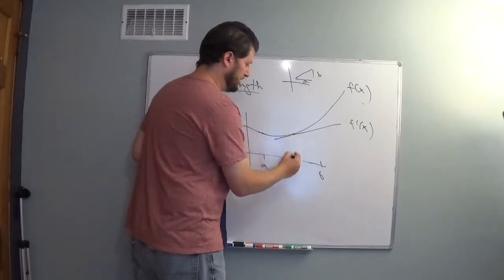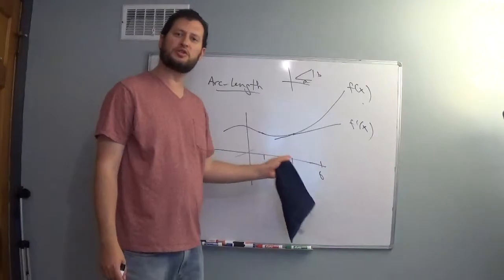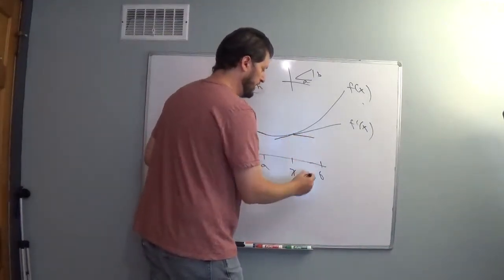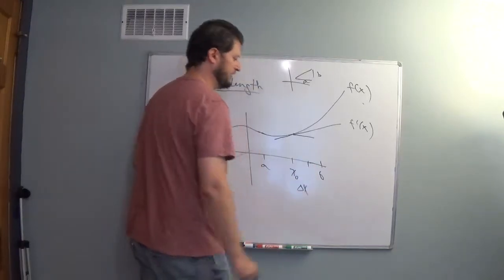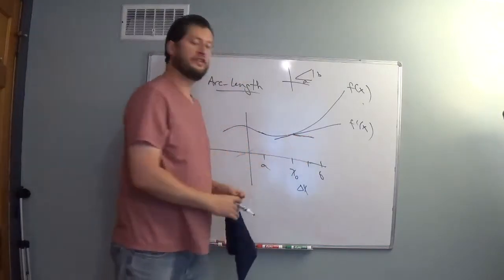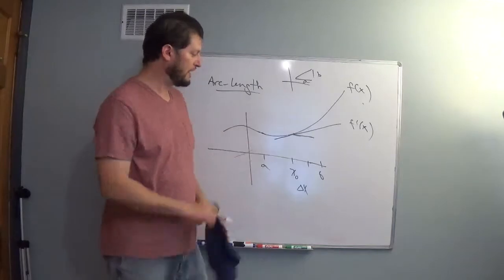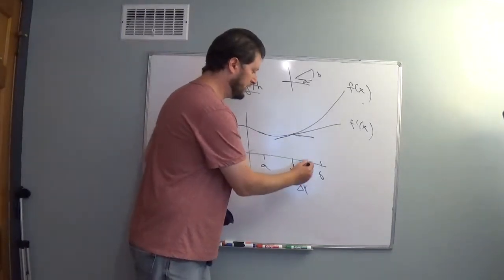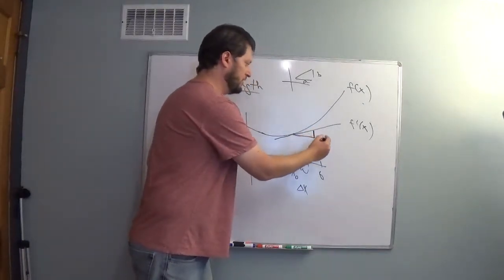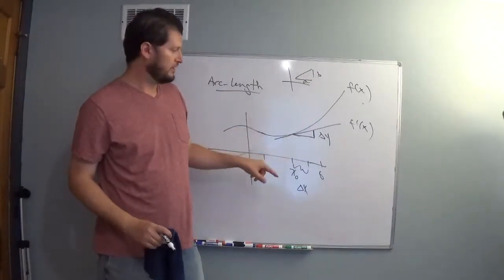So let's look at what we got. This is some point. Let's call this point x0. We don't really know what it is. It's some generic point in between a and b. Let's call this delta x, the distance that we move forward along the tangent line, essentially the length that we're using to approximate the curve by its tangent line. If that's delta x, then this is delta y, the change in the height.